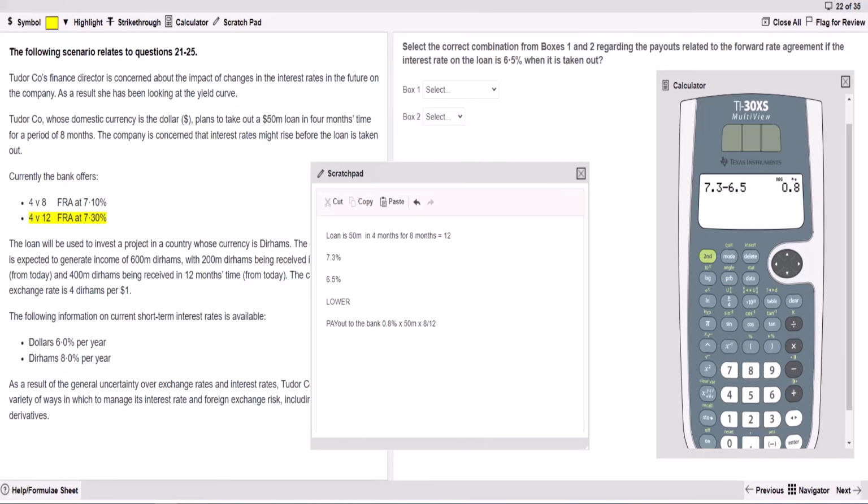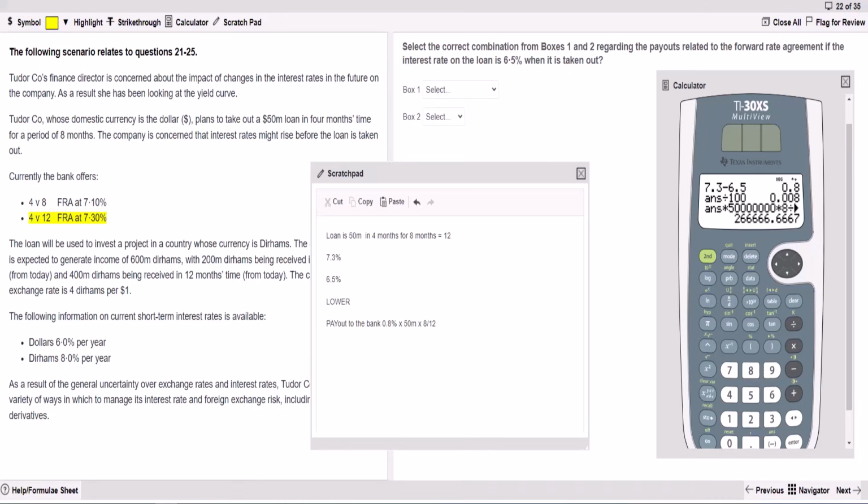So in the calculator, the 0.8 is a percentage, so you need to divide that by 100 to get a decimal. And then we times that by the 50 million. And then we times that by 8 divided by 12.